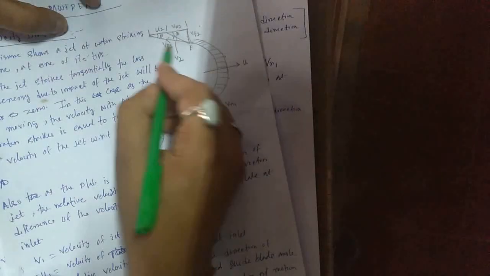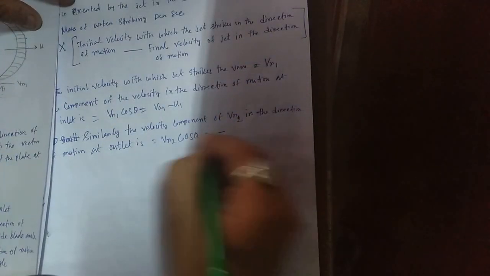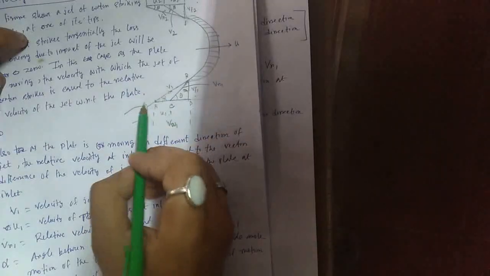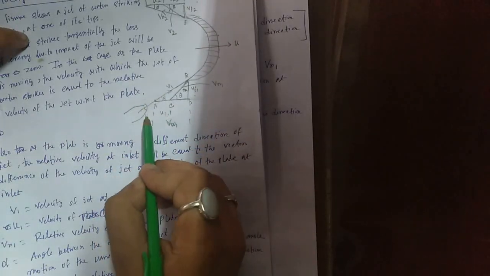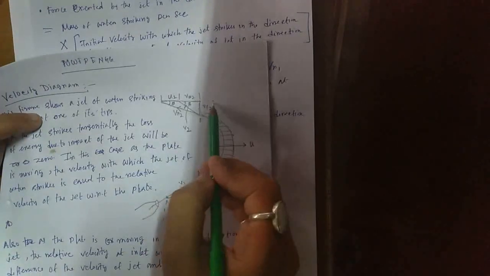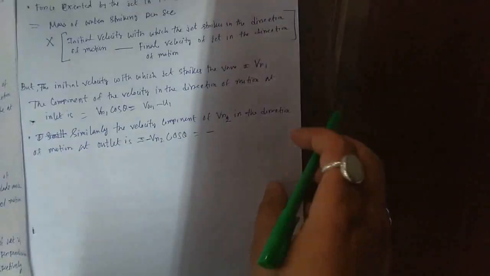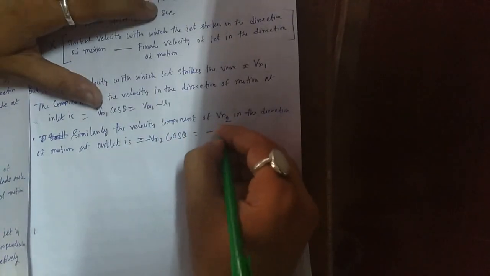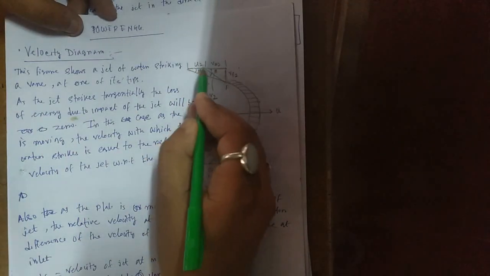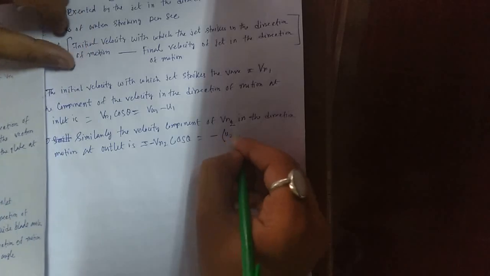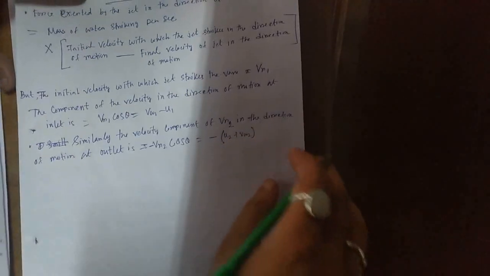This is VR2 and this is VR2 cos theta, which is taken as negative, because it is in the opposite direction. So minus VR2 cos theta means minus of U2 plus VW2.